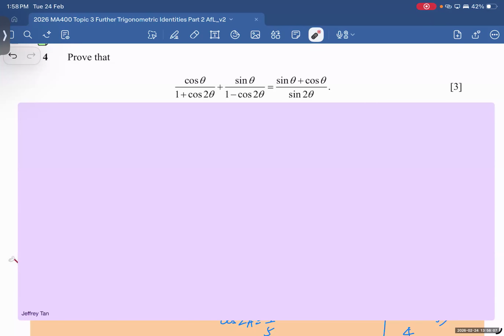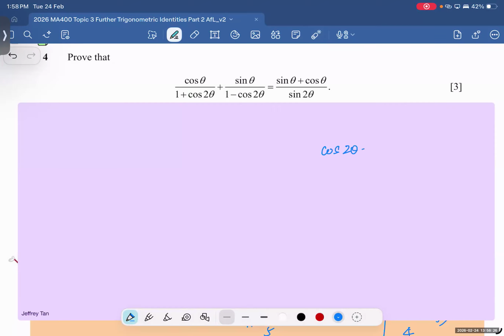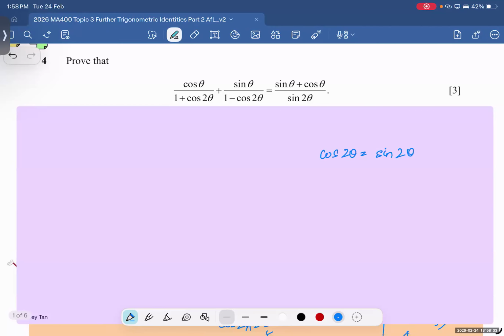Now here, with cos 2 theta, one of the challenges that you run into is when you are thinking about substituting cos 2 theta, you do not know which one to use. That's the first scenario. Second, if you have cos 2 theta and sin 2 theta, solving a trigo equation, do I need to use double angle?